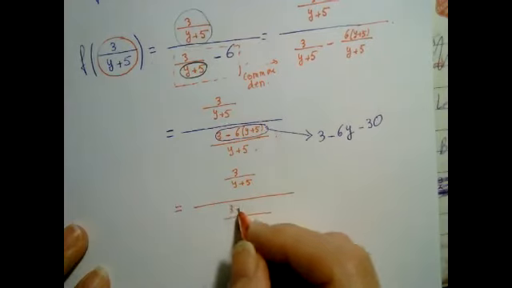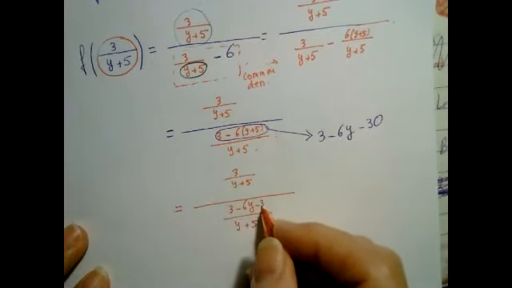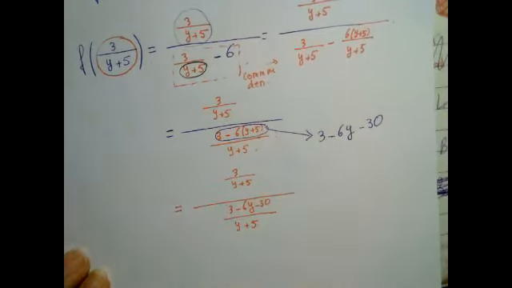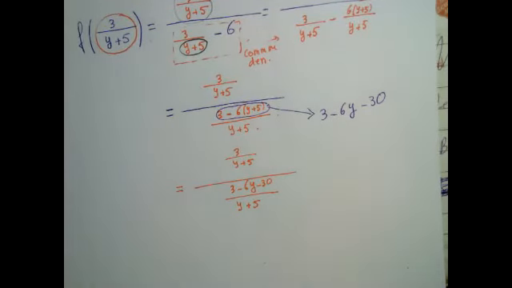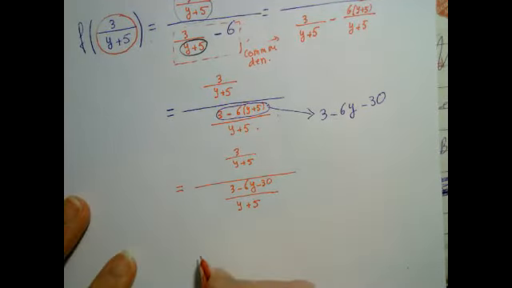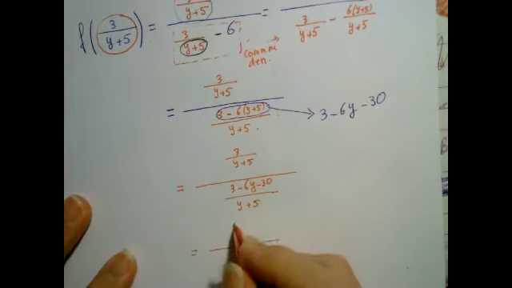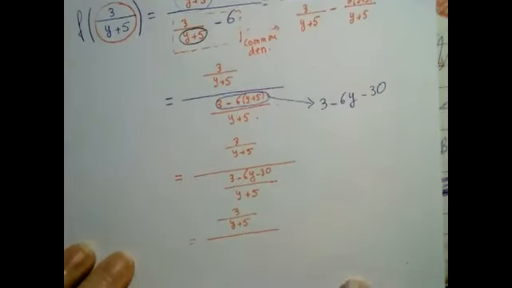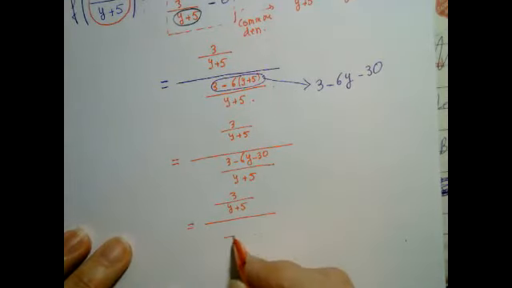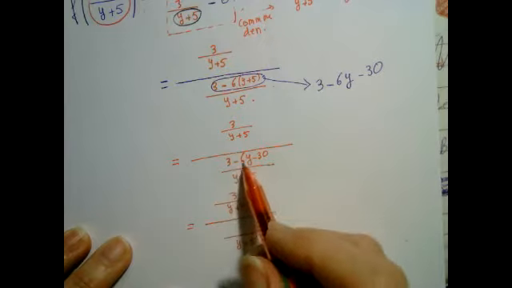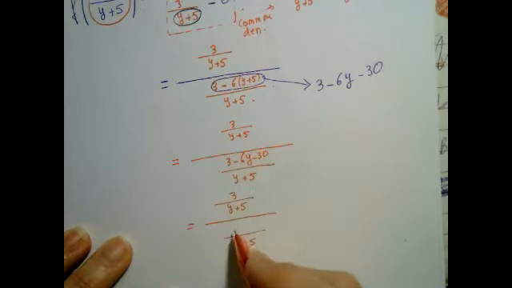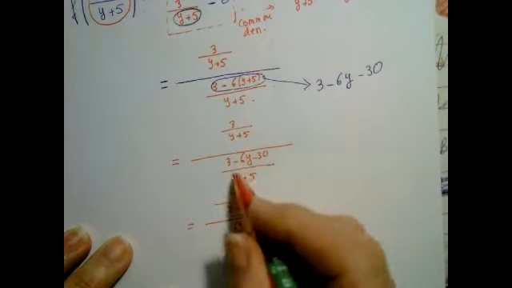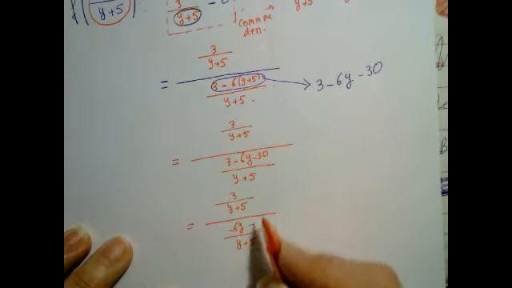So this is 3 minus 6y minus 30. Now, it still doesn't look pretty, and we have to make it look as simplified as we can. I haven't touched the numerator yet. The denominator becomes 3 minus 6y minus 30. So if I combine, I will get minus 6y, and 3 minus 30 will give me minus 27.